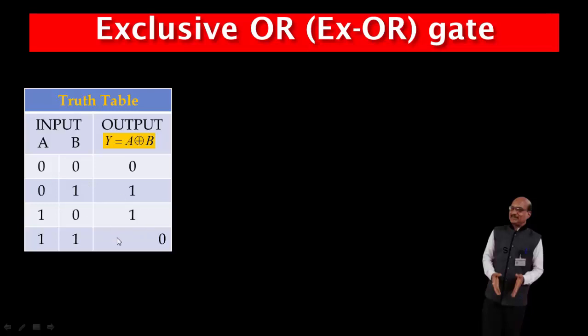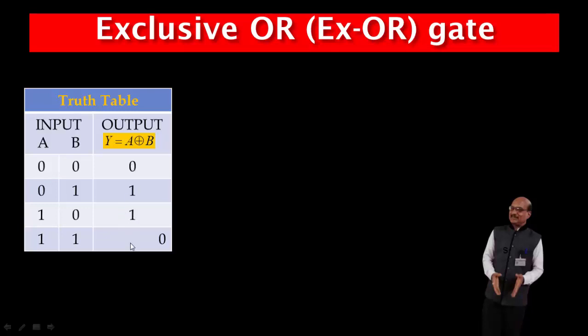So here we see that when the inputs are the same, then the output becomes low. Here both the inputs are the same, 0 and 0, so output is 0. Here both the inputs are the same, 1, 1, therefore output is 0. When the inputs are different, here 0, here 1, so output is 1. Here 1, 0, output is 1.